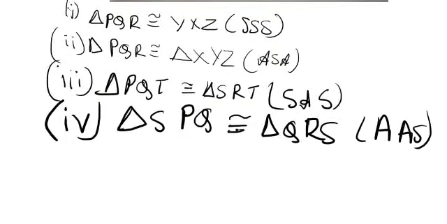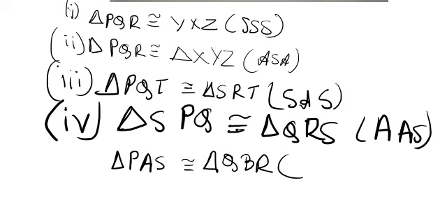All right, so triangle PAS is congruent to triangle QBR. And what does the reason become? Between two angles there is one side, so A and S in between, so ASA, angle side angle. This way it becomes quite easy to identify which rule we have to use.